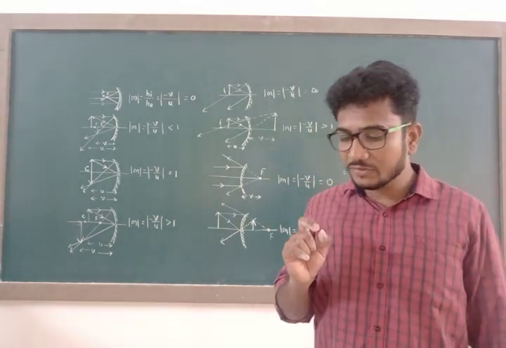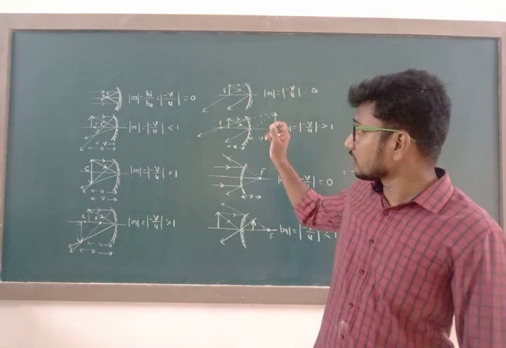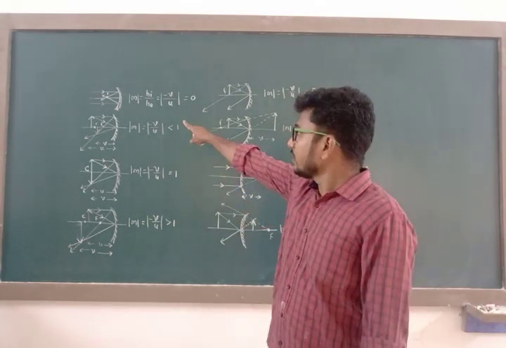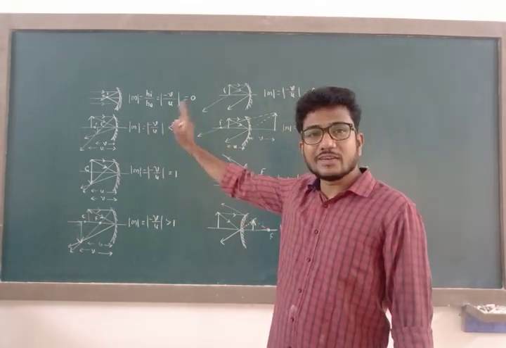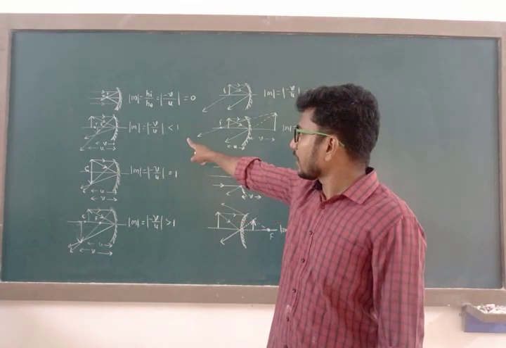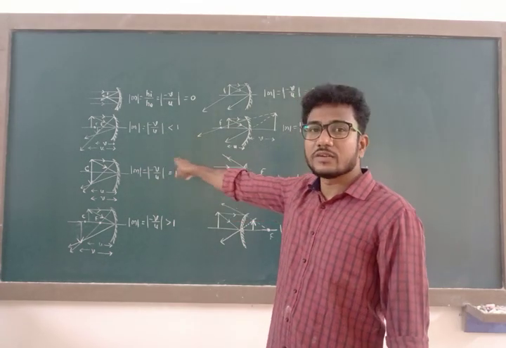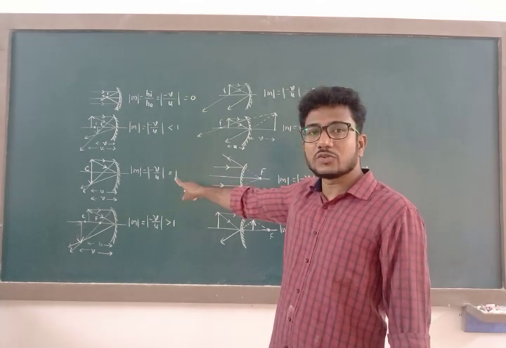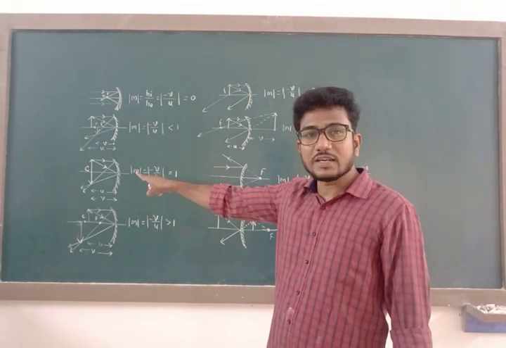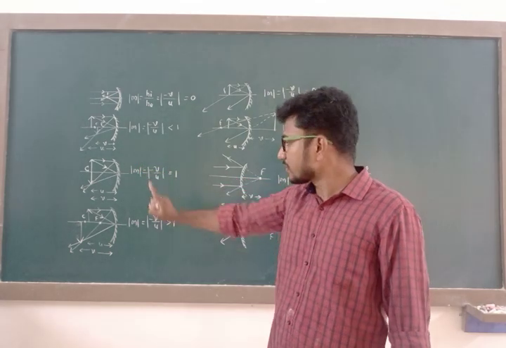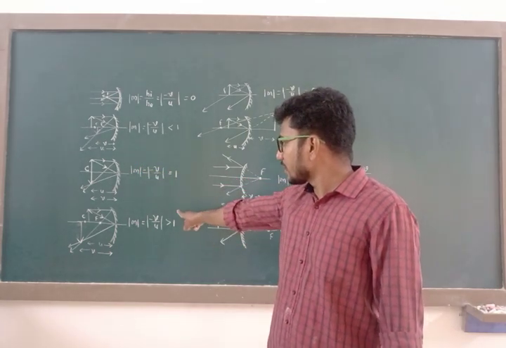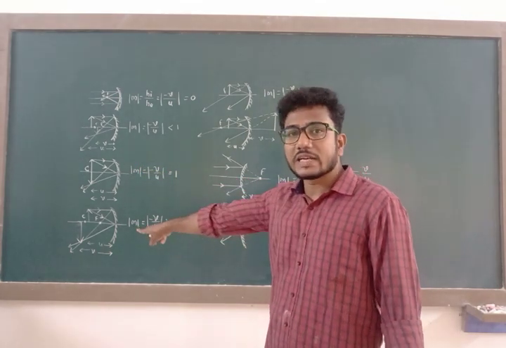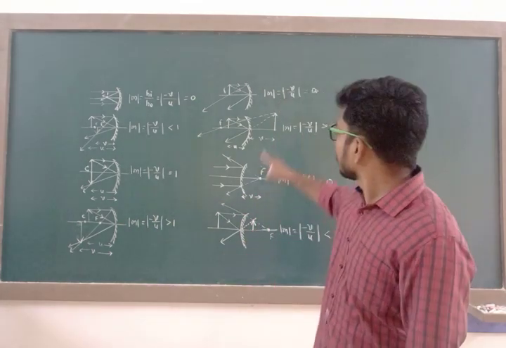If linear magnification is equal to 0, then size of the image is greatly diminished. If linear magnification is less than 1, we will get diminished image. Linear magnification is equal to 1, then height of the image is equal to height of the object. If linear magnification is greater than 1, we will get magnified image.